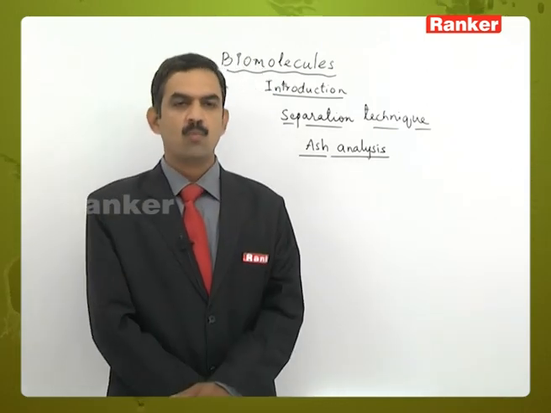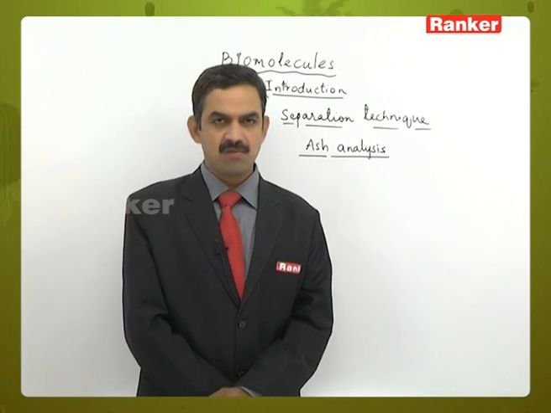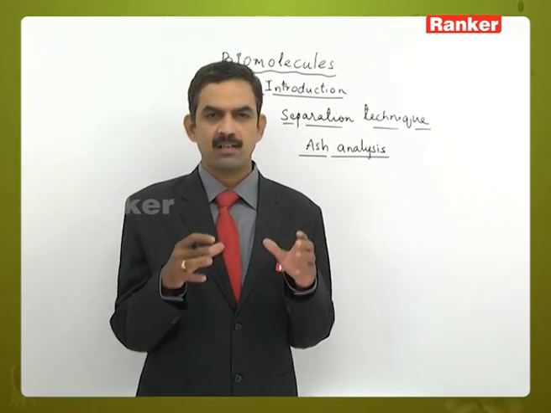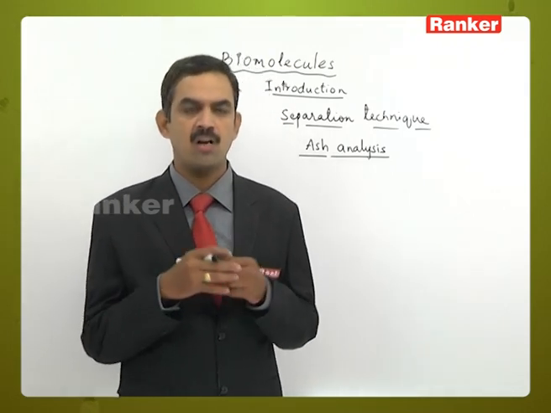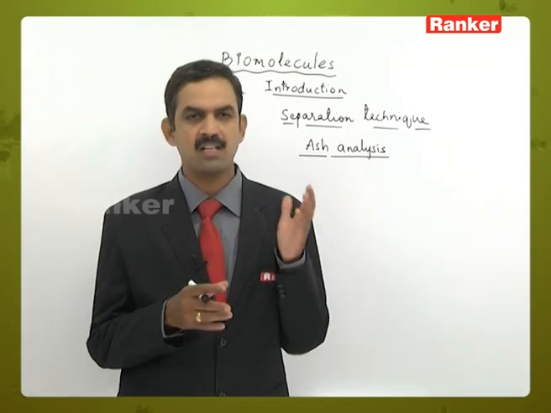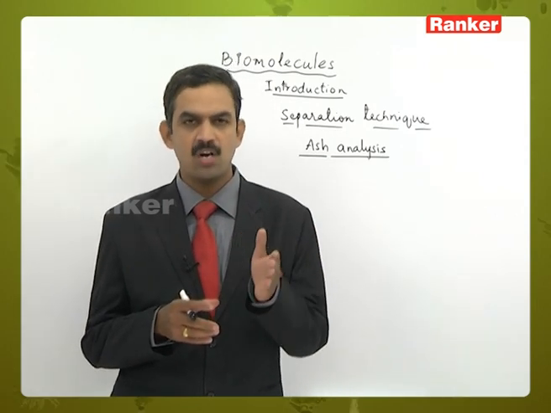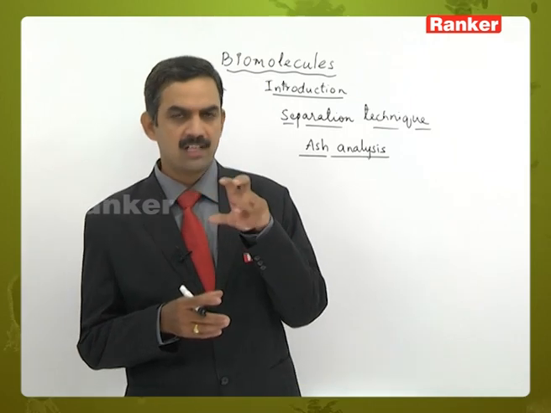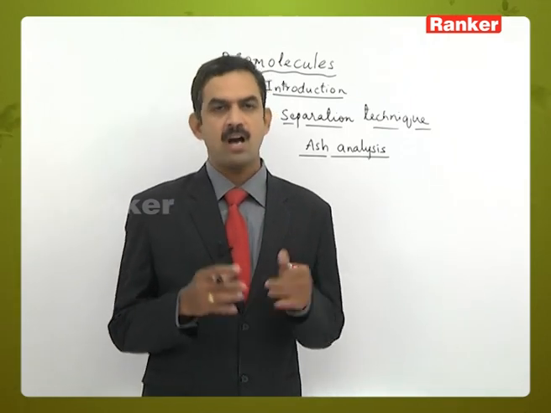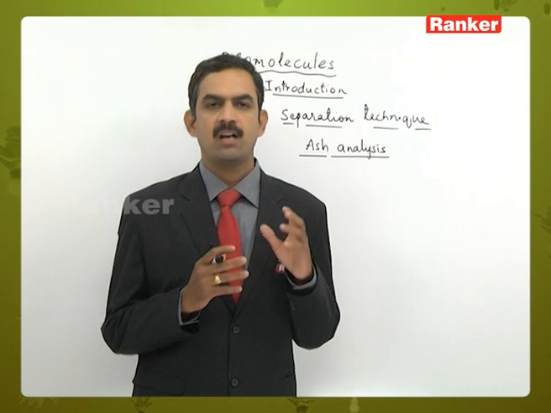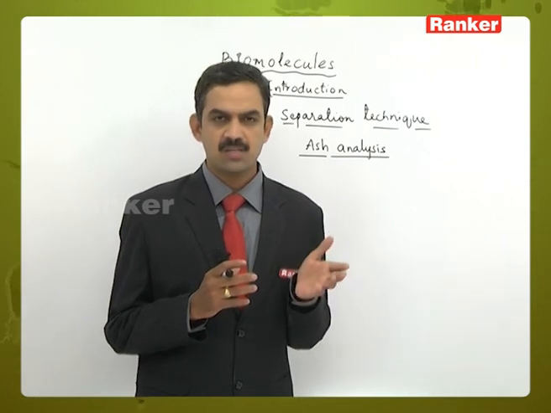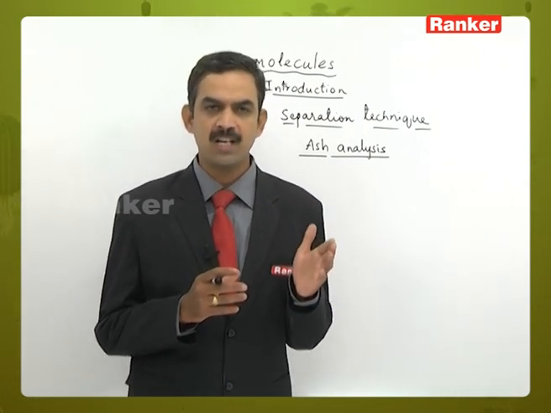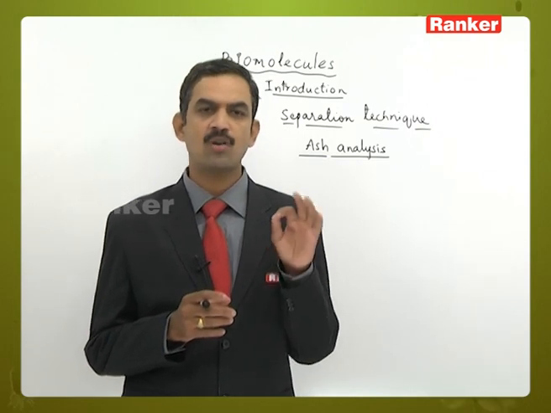And before that, what is a biomolecule? As already we said, all the chemicals which are present in a living body or a living cell or a non-living body or any earth crust, all that is called as a biomolecule. Otherwise, we can say that a chemical or a substance which is made up basically of carbon, hydrogen and oxygen.